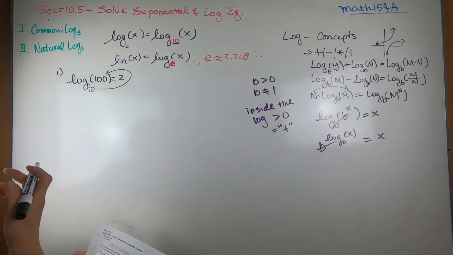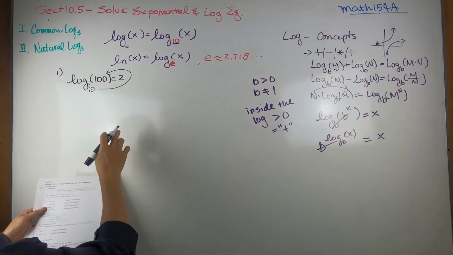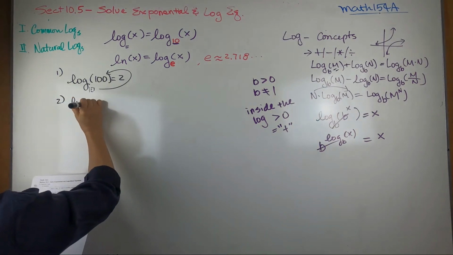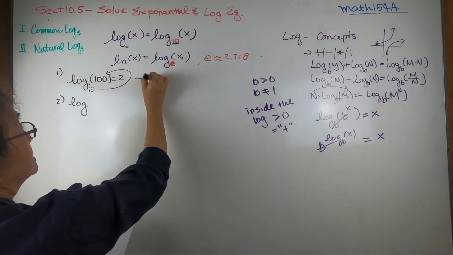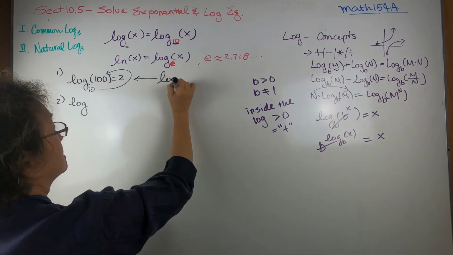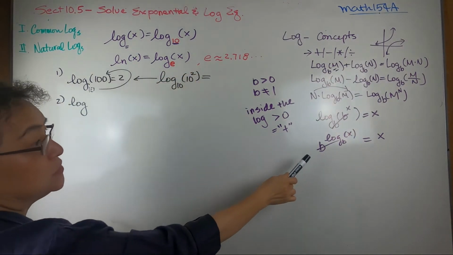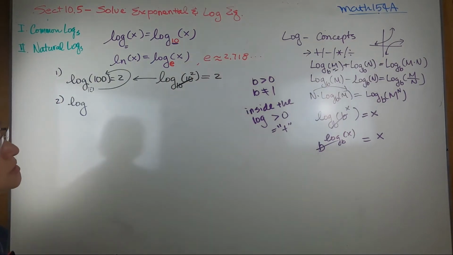You can either put it into the calculator or you can just use your head. Another way to think about it is log of 10 to the second power. If you use this inverse property, you can see it's 2 as well.